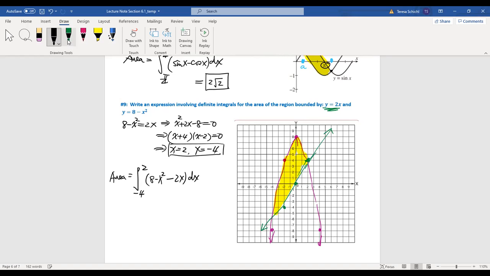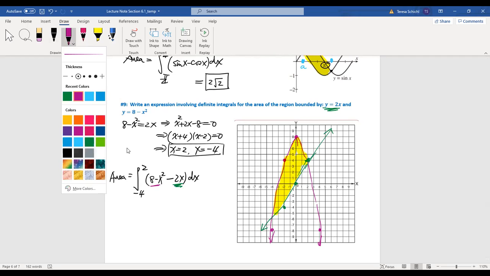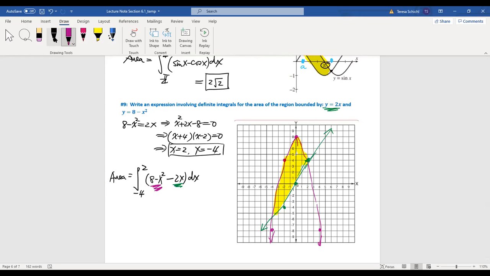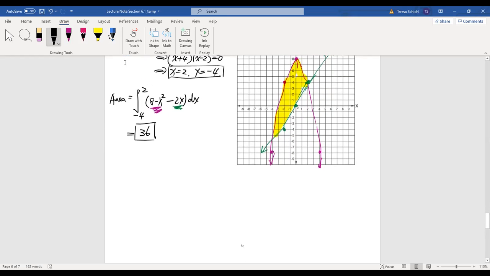If I color code that, 2x is my green line, and this is my purple one here. This integration is pretty straightforward. You can just go ahead and do it, and the answer should be 36 for you to check it.